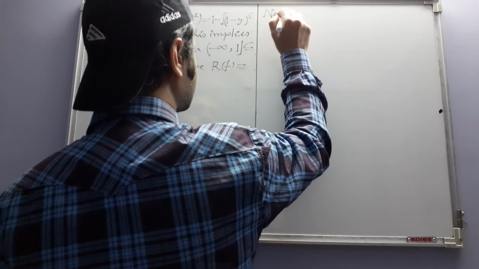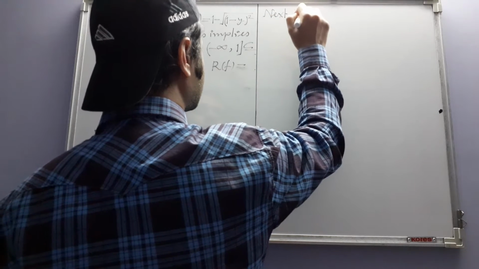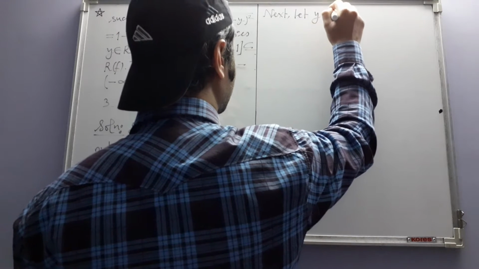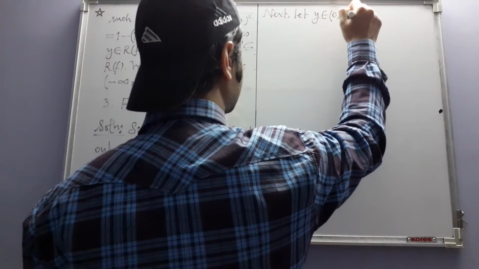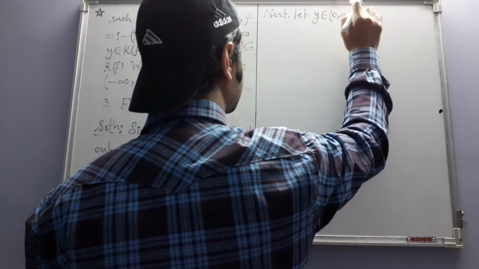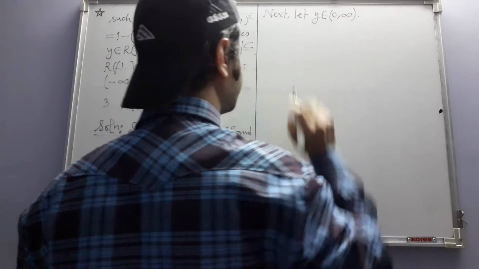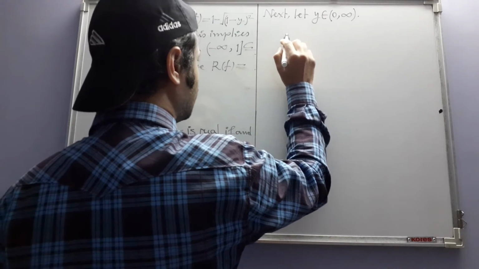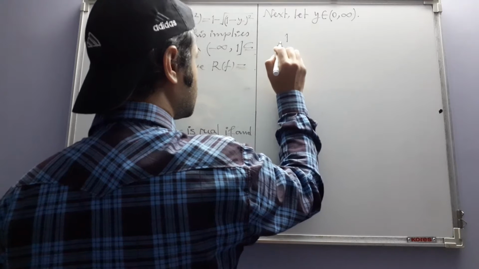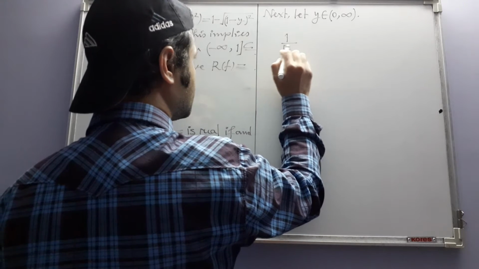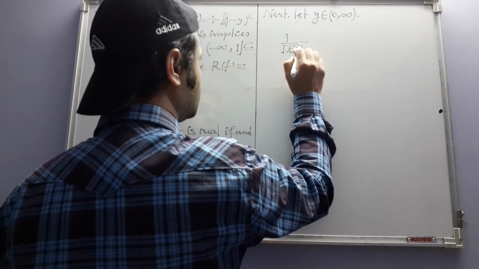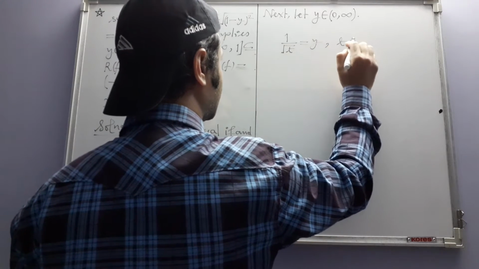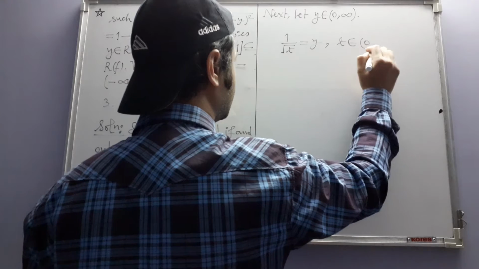Next, let y be any element in this set. Again, like before, we want a t such that 1 over root t is equal to y, but at the same time we want a t here in the domain.